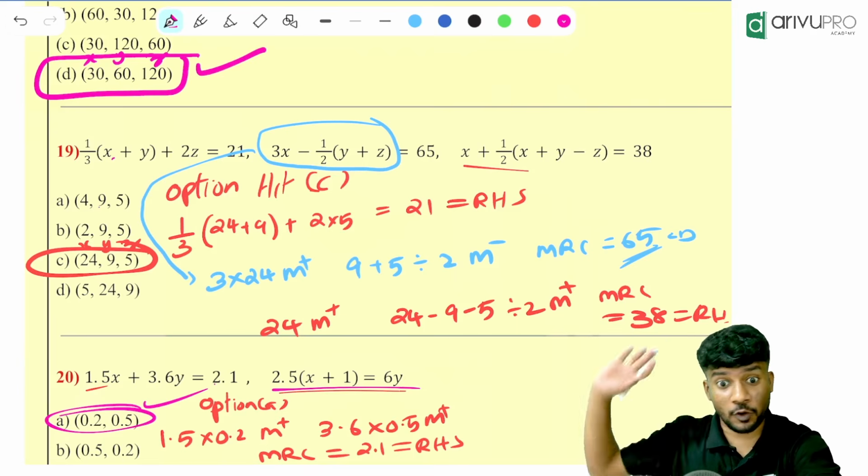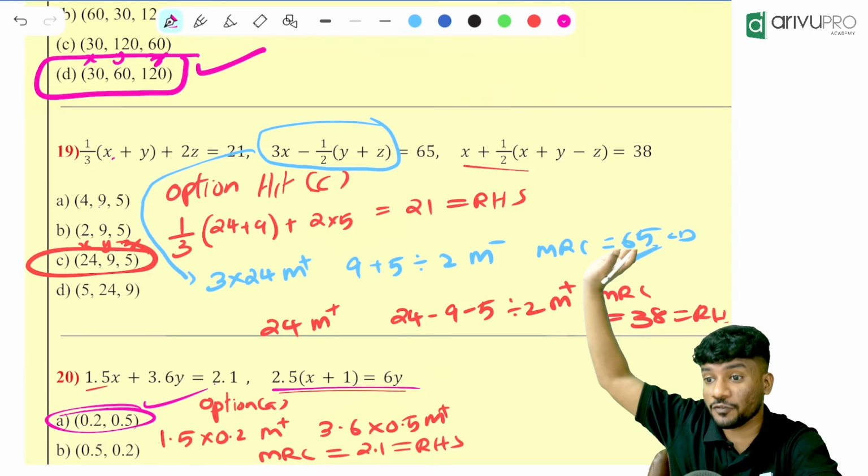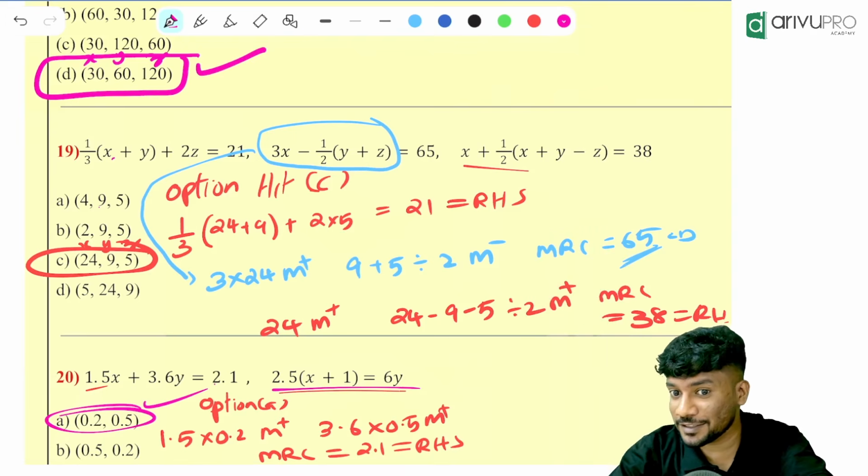You remember long back when you chose options in chapter number 4, I told you we will not consider decimals for option hitting.